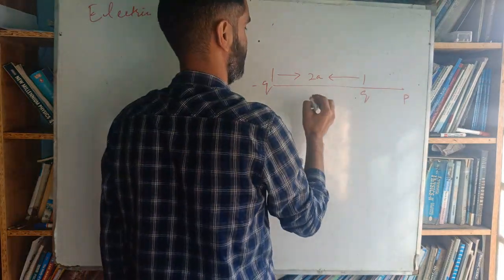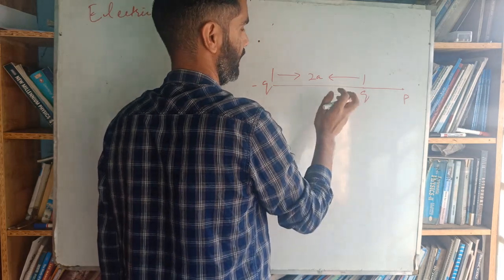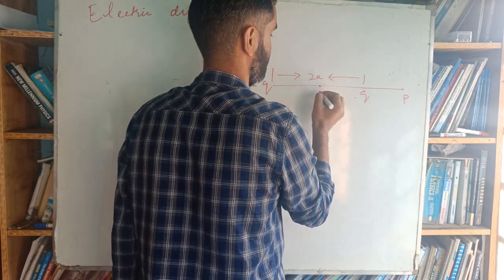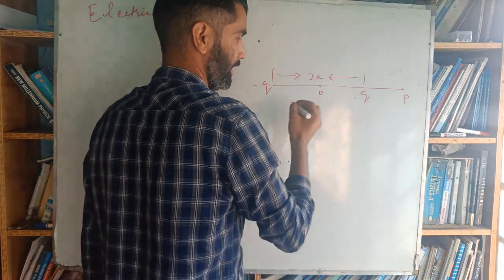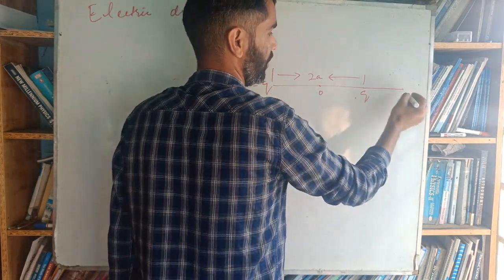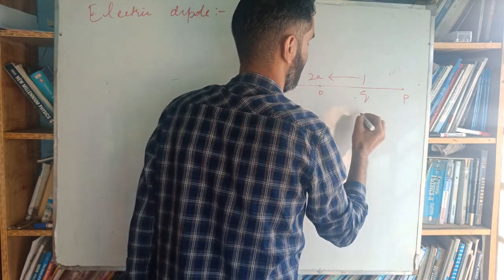Suppose this is the center O of the dipole, and from the center this point P is at a distance r.